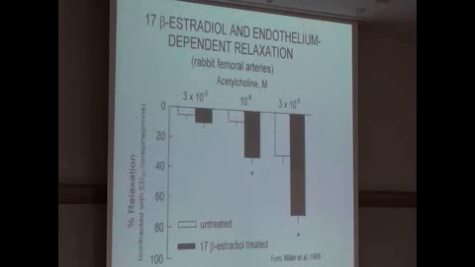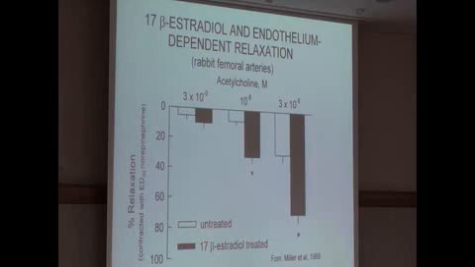So, those were two examples of an acute action of hormones on endothelial cells. As I told you, there also are chronic actions, and the best example came from this experiment where we took female rabbits, took out their ovaries, and then in one group did nothing else.